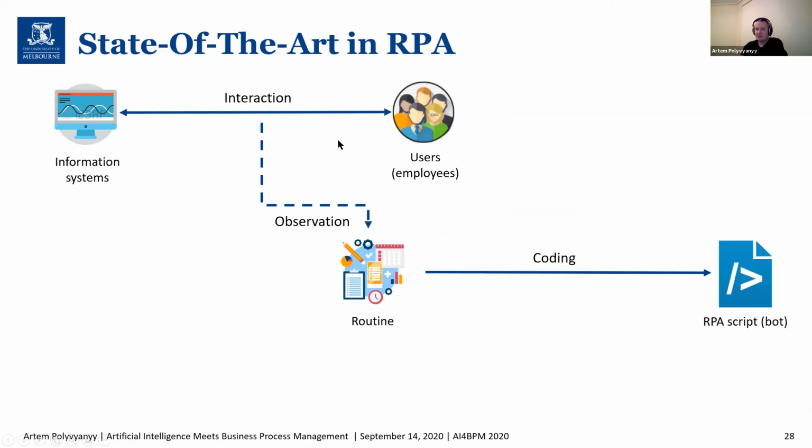Basically we observe what is clicked, what is copied, where it is pasted, which button is clicked in the UI. And through these observations, we identify routines, and then we code those routines into RPA scripts.